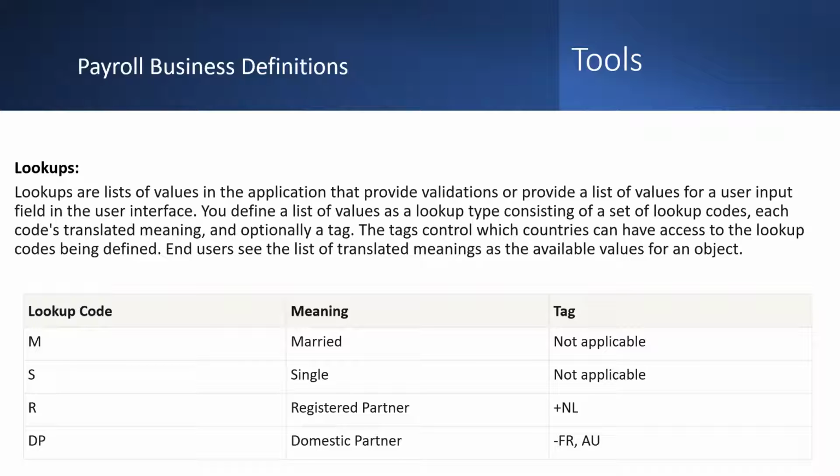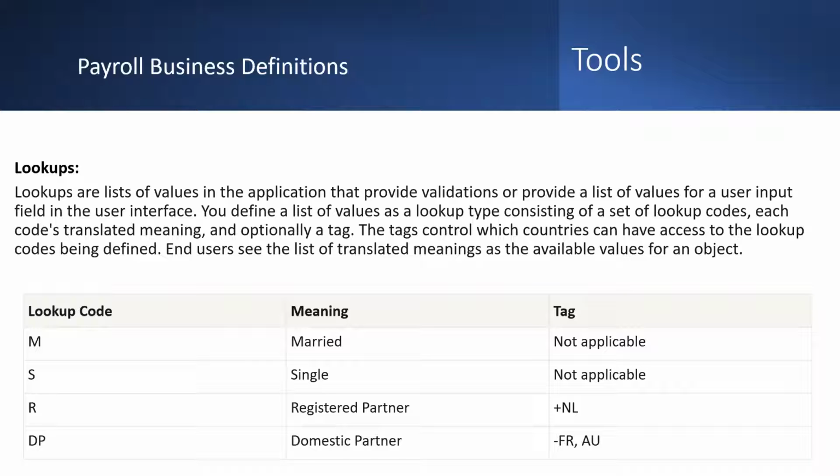Now there are certain lookups which we can use, or we can add our own. It's extensible, where we can add our own lookups, but most of them are delivered by Oracle itself. If we take an example like marital status, here we see a code which internal tables refer to as a lookup code.